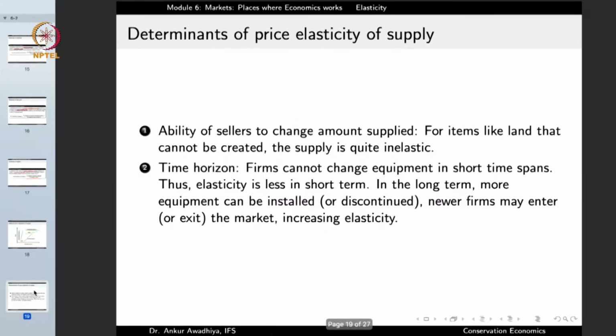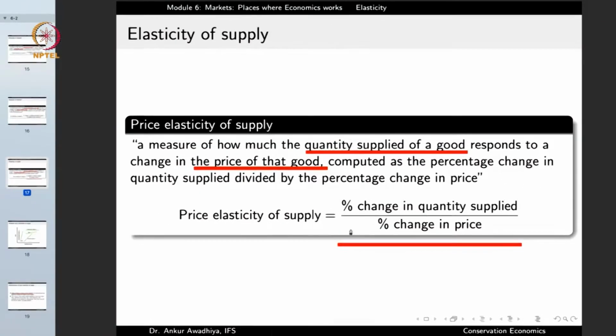Now the question is, what determines the price elasticity of supply? One is the ability of sellers to change the amount that is supplied. Because there are certain items such as land that cannot be created, and in that case the supply has to be inelastic. Why? Because in this equation the numerator is percentage change in the quantity supplied.